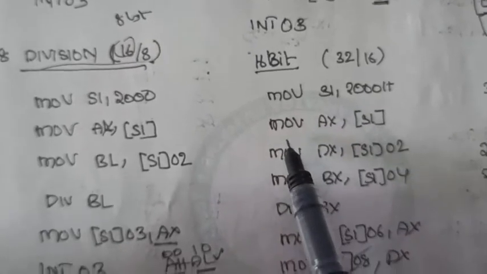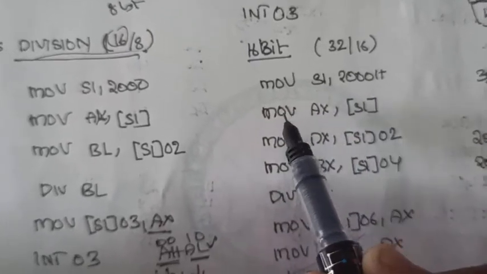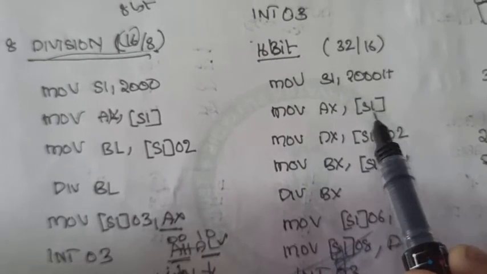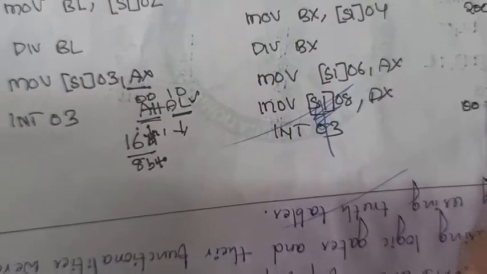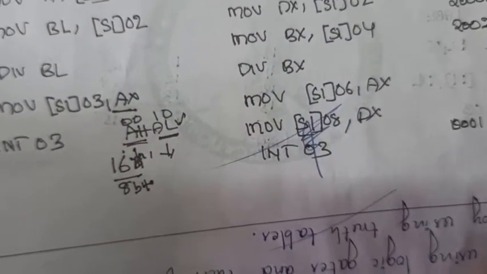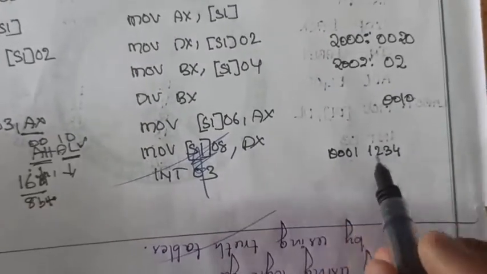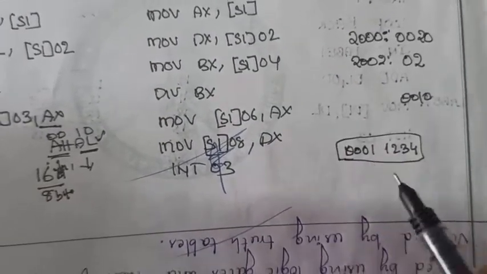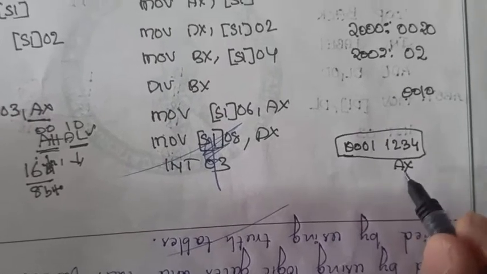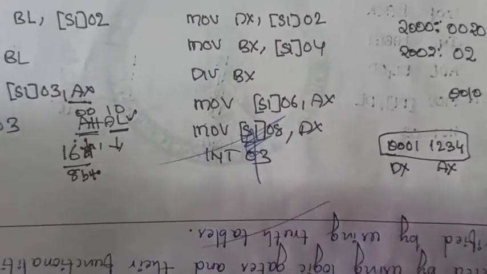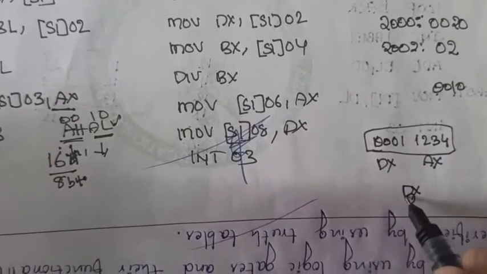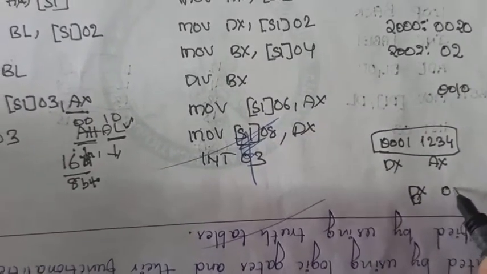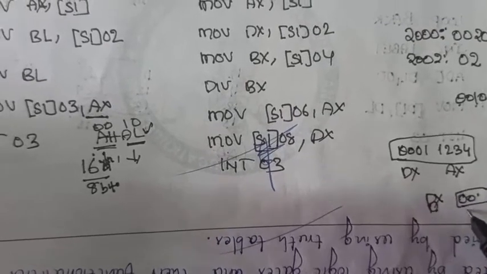In this program, move SI comma 2000, move AX comma SI, means the first word is moved into AX, and move DX comma SI plus 2. Suppose the 32-bit data is 0001 1234. Then AX will store 1234 and DX will store 0001, and this is to be divided by the value stored in the BX register, whatever the 16-bit word is.